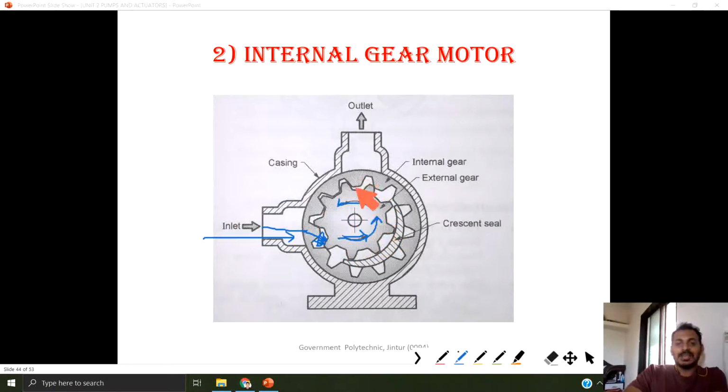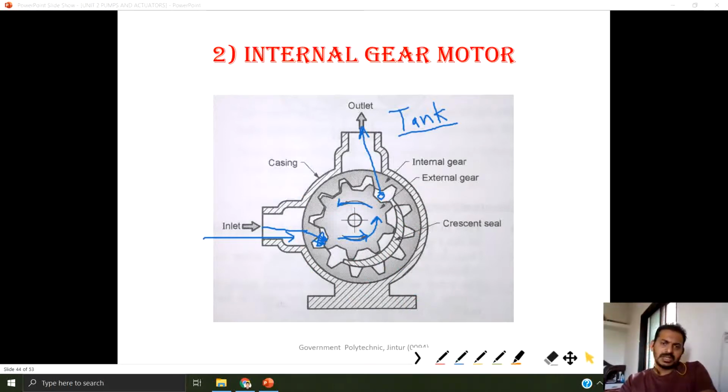Both internal gear and external gear have the same direction of rotation. Once this rotation is happening, whatever fluid is available here is given to the outlet, and that outlet is connected to the tank port. So this is the working of an internal gear motor.